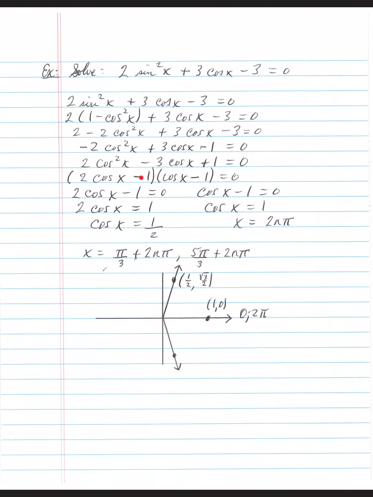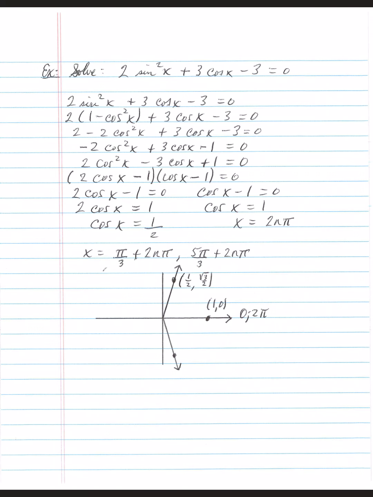Once you're sure your factoring is done, set each factor equal to 0 and then isolate your trig function. So for this first factor, we're going to add 1, divide by 2. The angles where the x-coordinate, cosine, is positive half is at pi over 3 and also at 5 pi over 3.